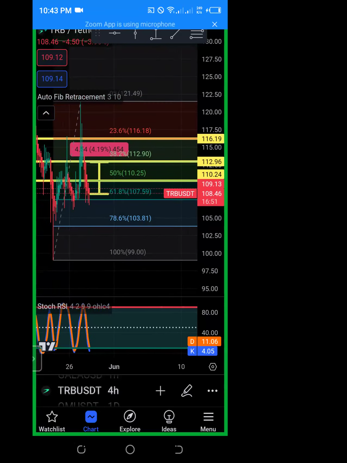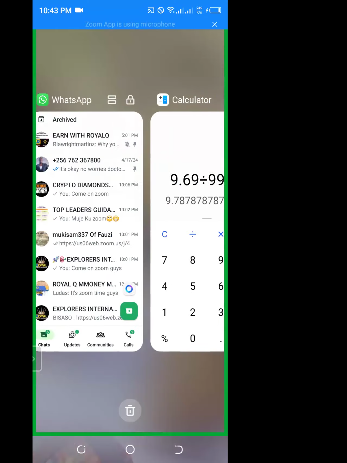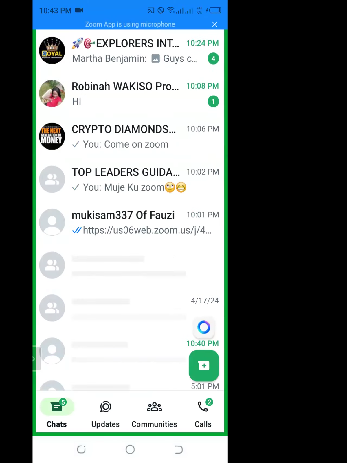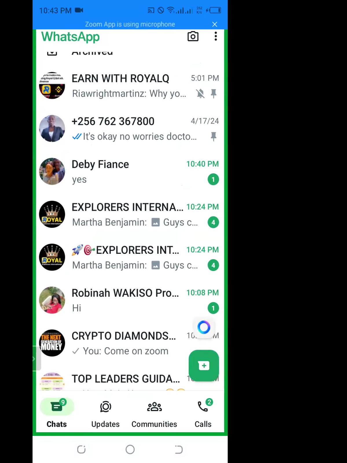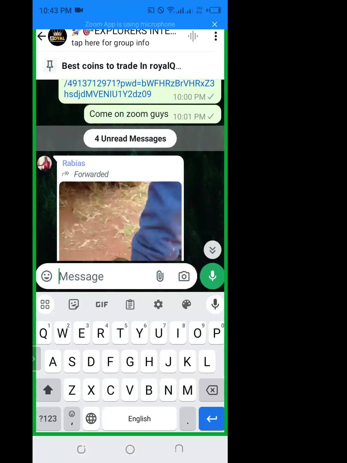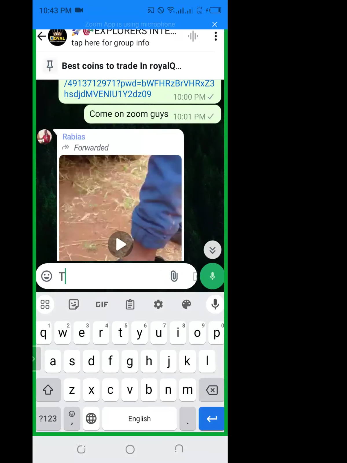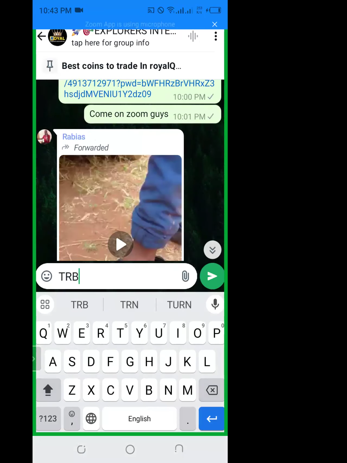Okay. So I just come here. Which coin is this? TRB USDT.